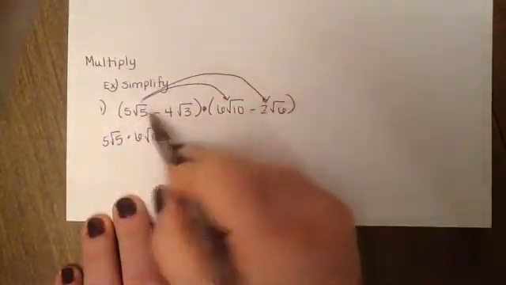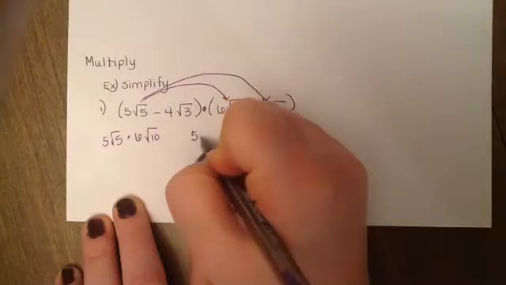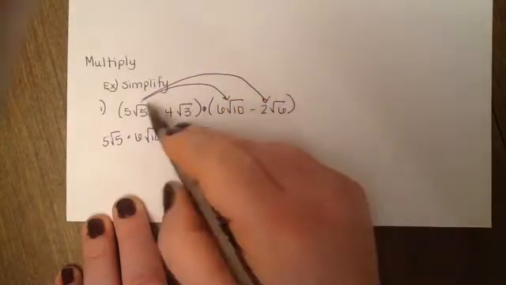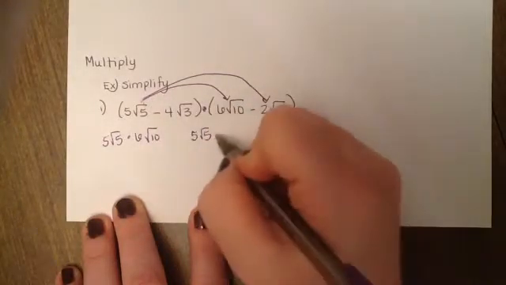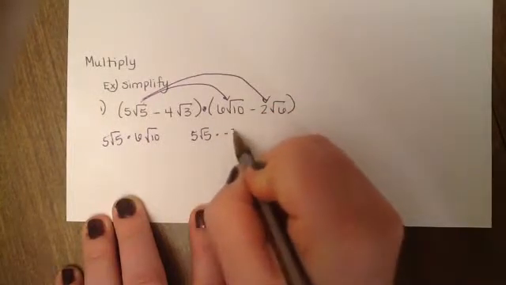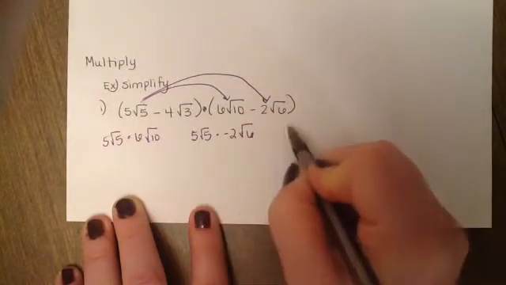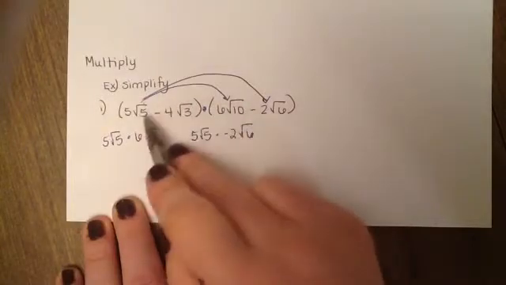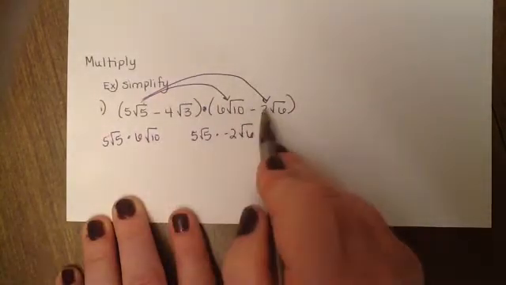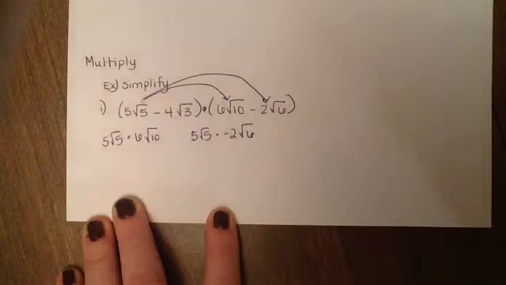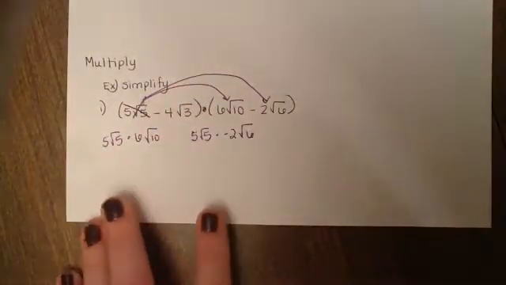My second piece, 5 root 5, comes all the way over here, times negative 2 root 6. So distribute the 5 root 5 to both pieces over here. That one is done. Now what do you have to distribute?